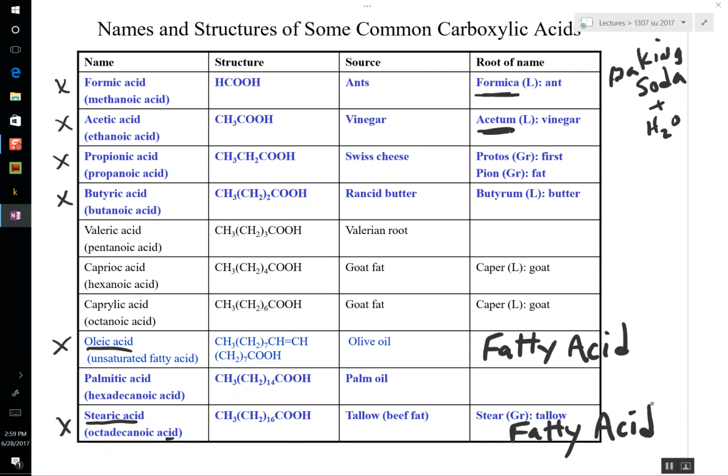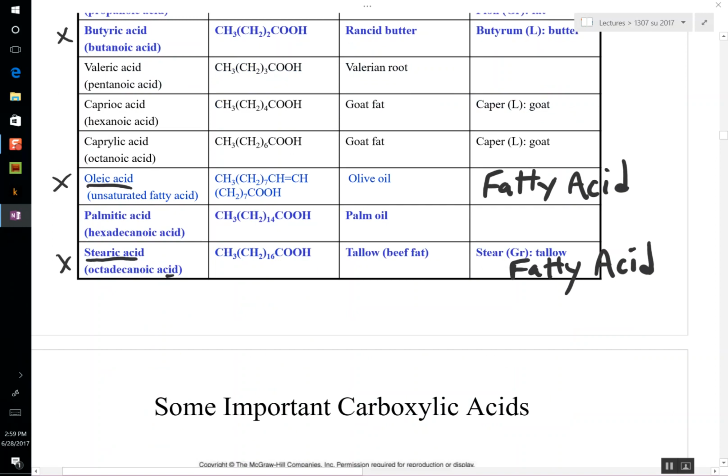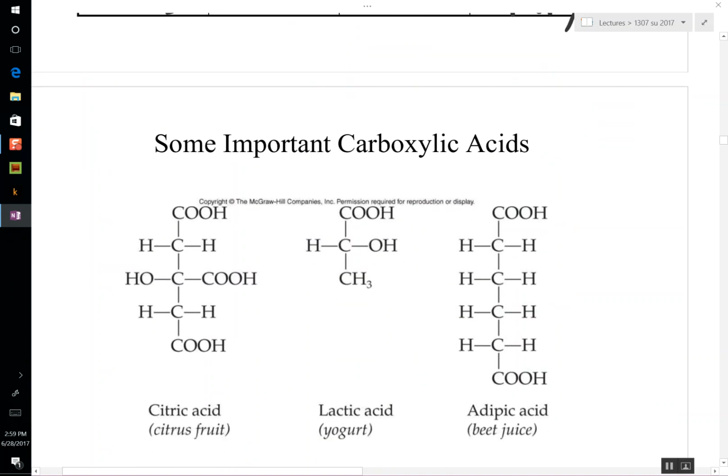So the triglycerides, like olive oil, is a triglyceride. It's a bottle full of triglycerides. And it has certain fatty acids in it. So we'll learn more about them, but let's just get a little idea of what these fatty acids are here in a minute.